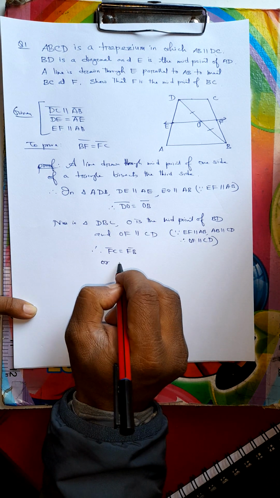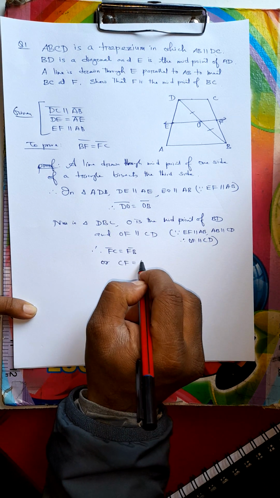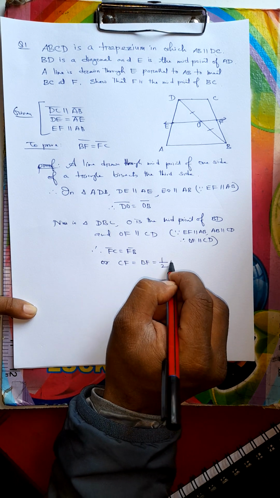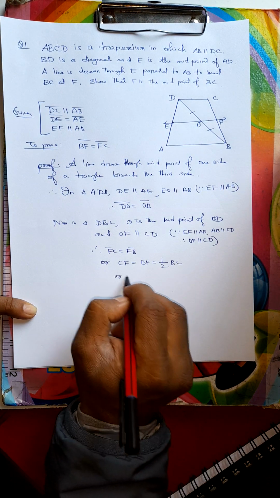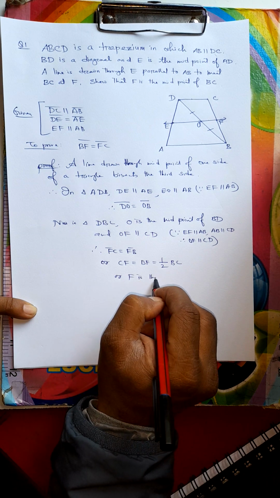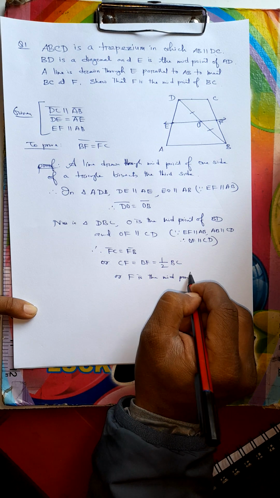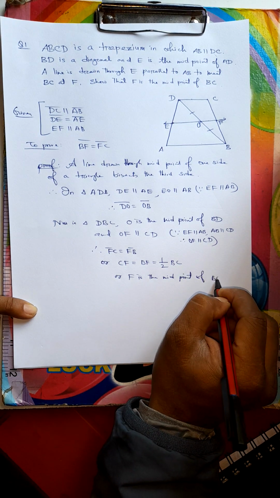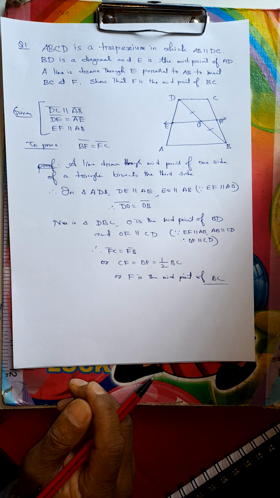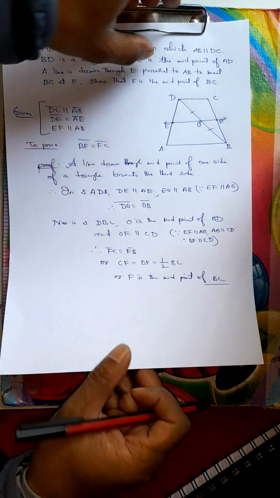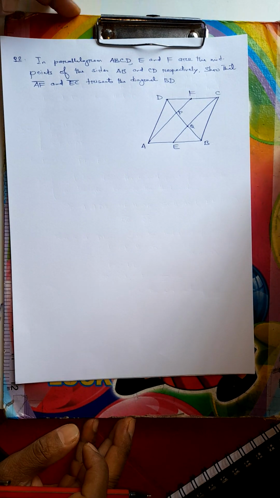Or we can say CF equal to BF equal to half of BC, or F is the midpoint of BC. Right? That was to be proved. Now let's come to next question here.